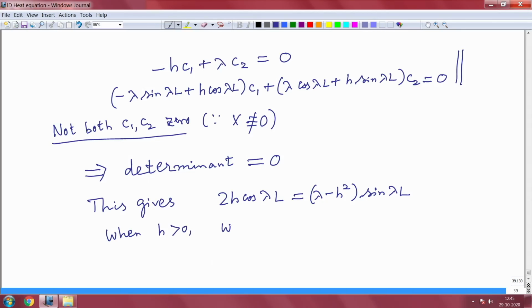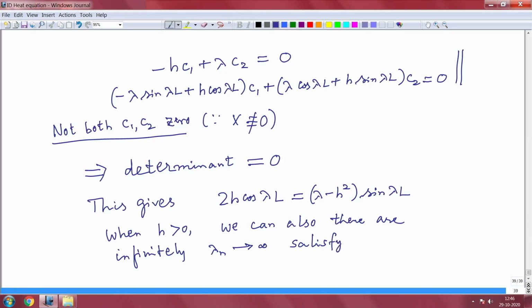we can only show there are infinitely many lambda n, and they tend to infinity, satisfying the above equation.